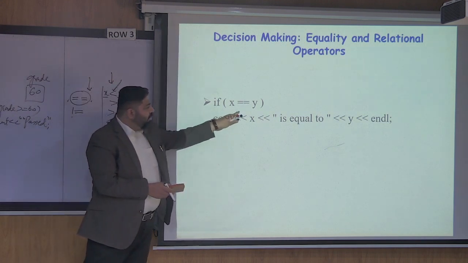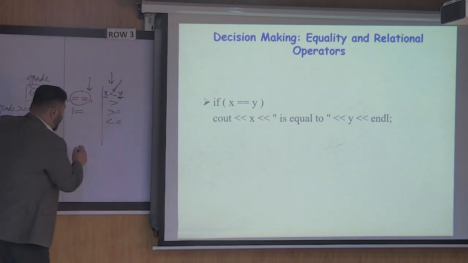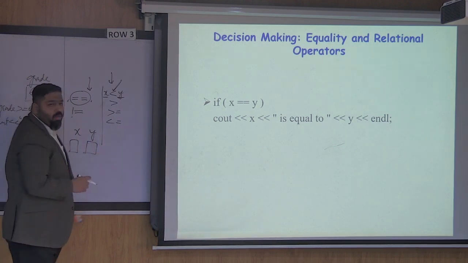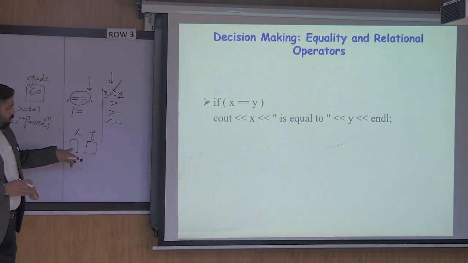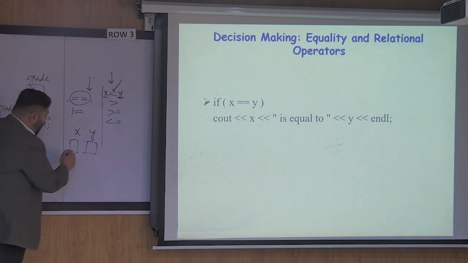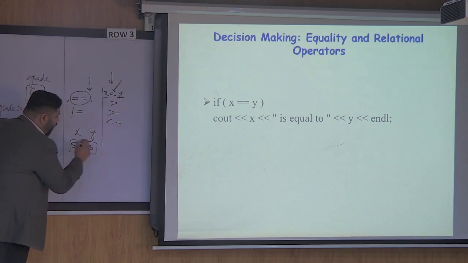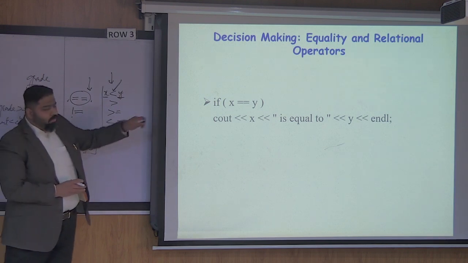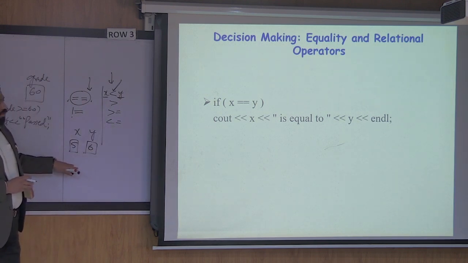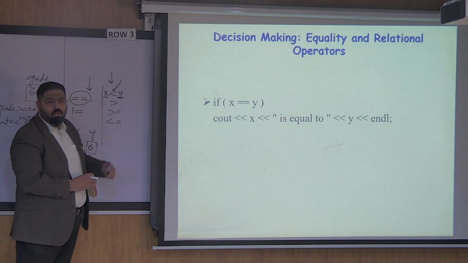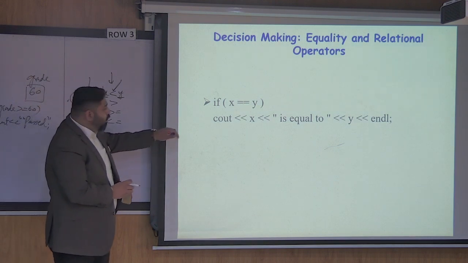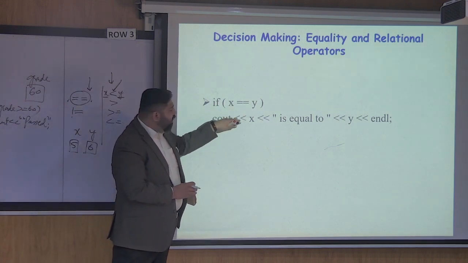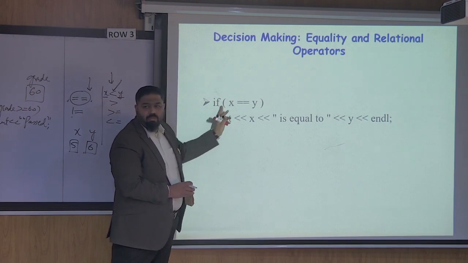For example, x and y have certain values. x has the value 5, y has the value 6. So is it true or false? False. So the next statement, if it is false, is considered as the body of the if.